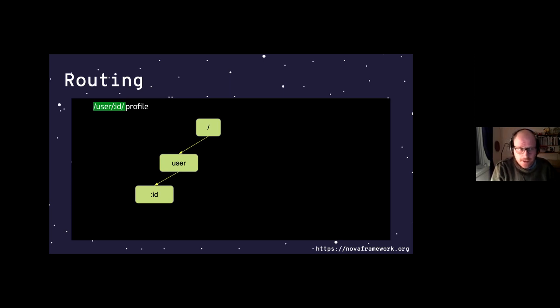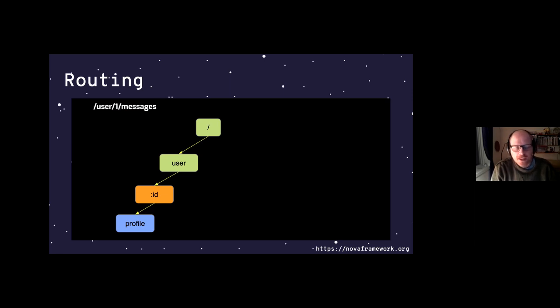Since this is a special node, because it is a variable, we mark it as orange. After that, we add the profile. So this is the result of the first route we have added. And the profile, of course, is an endpoint, so we say that this is a blue one.